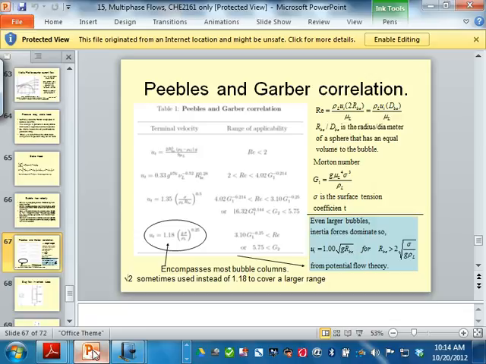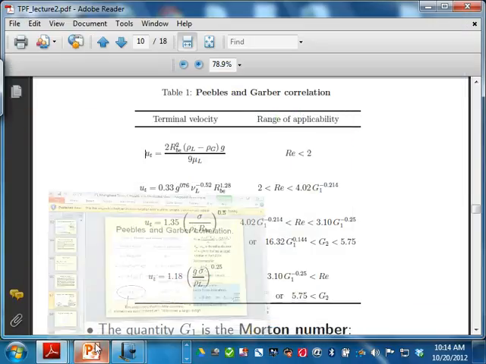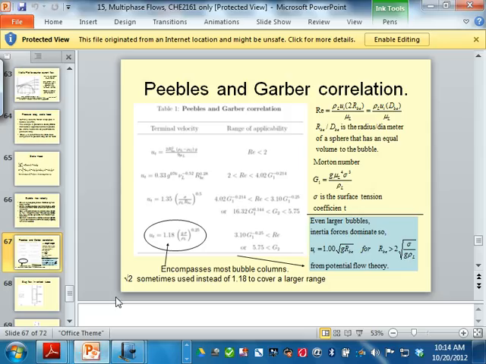So this one, don't worry, you don't need to memorize the formula; it will be provided. There's G1, and even for larger bubbles, instead of using this one, there's an improved version here.